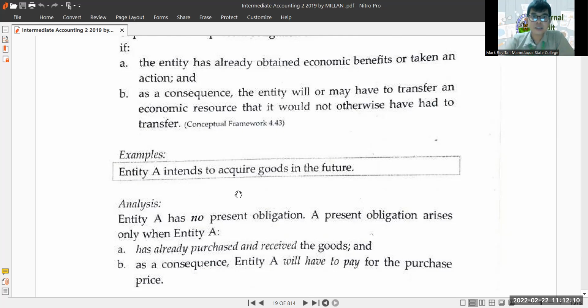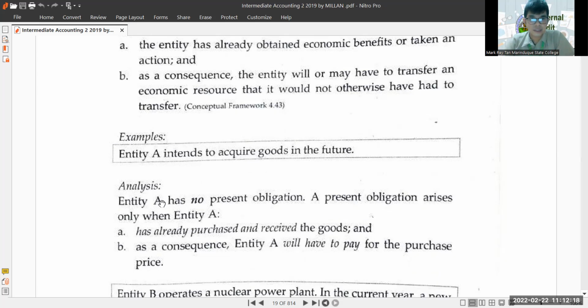Entity A intends to acquire goods in the future. So, tanong, may obligation na ba si Entity A? So, analyze natin. Sabi, Entity A has no present obligation. So a present obligation arises only when entity A has already purchased and received the goods.